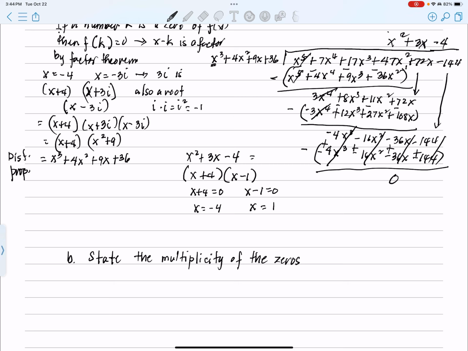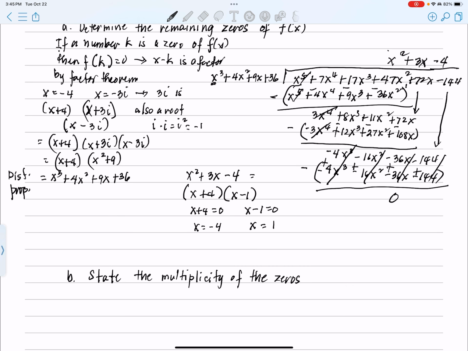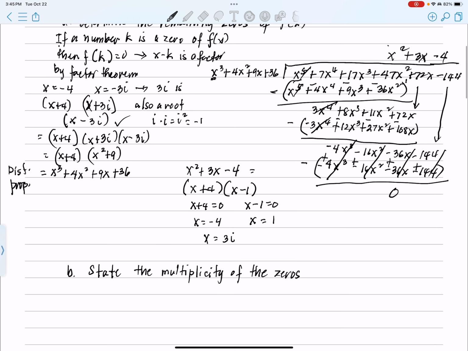So we found earlier from here one of the roots, x equals 3i, from x minus 3i right here. So that would be one of the factors. So we found the 3 factors already.